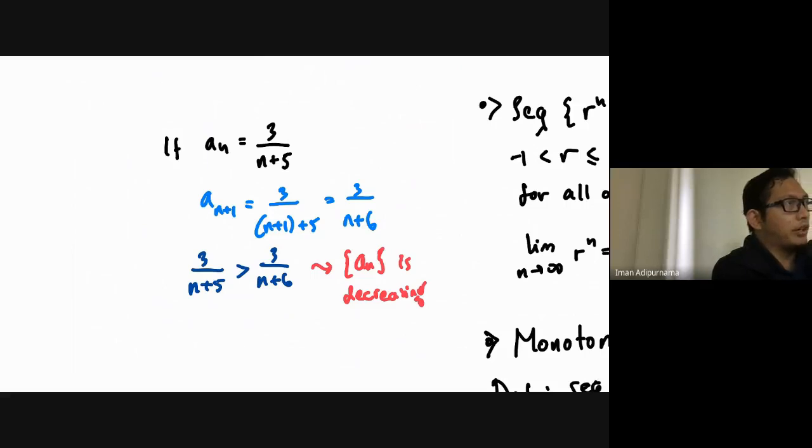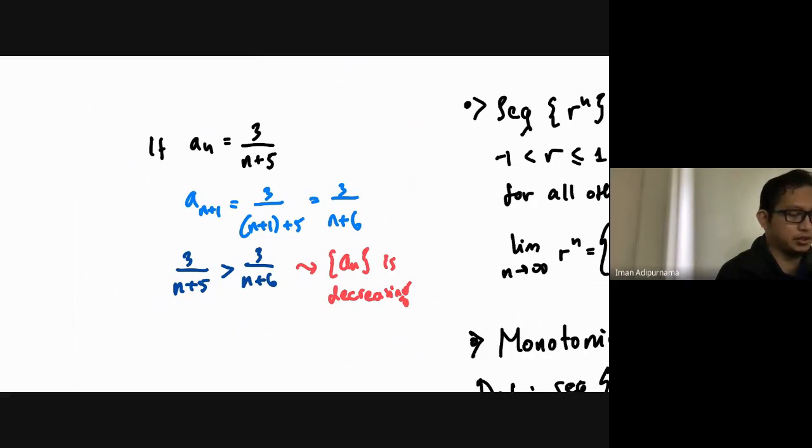That's how to know whether the sequence is increasing or decreasing. You check the n plus 1.